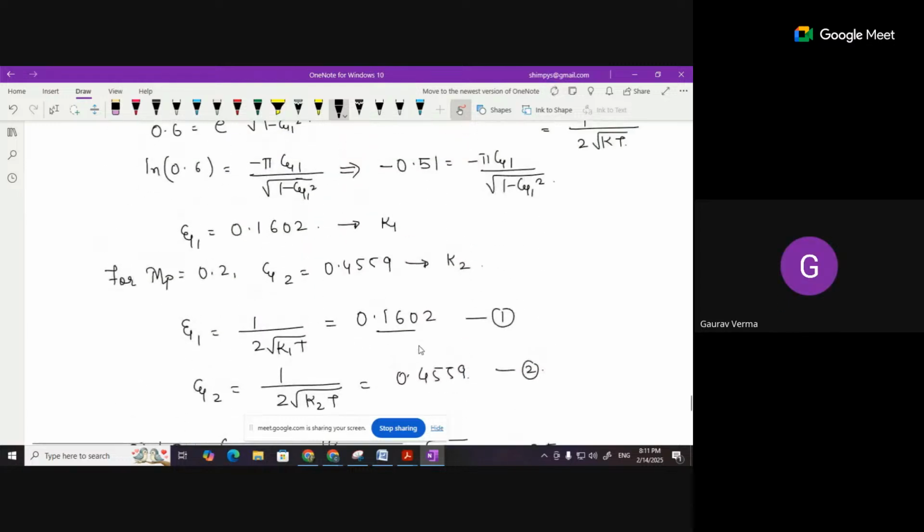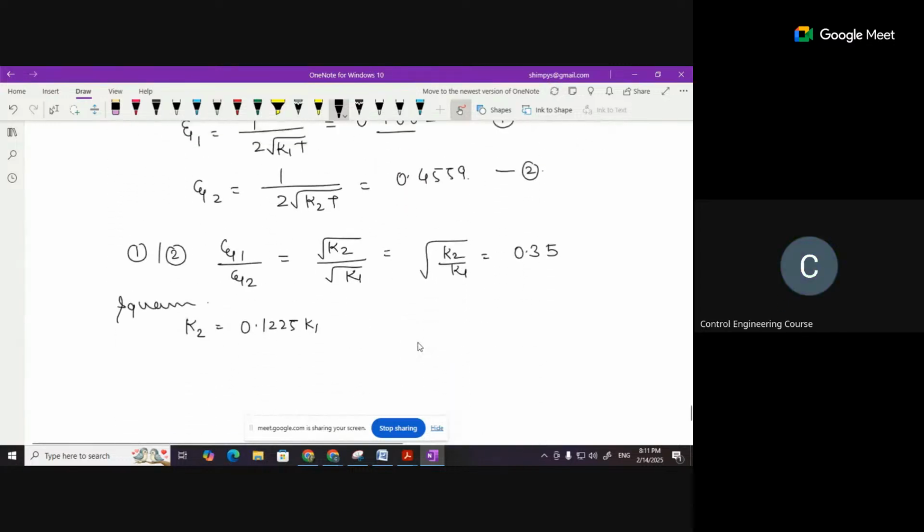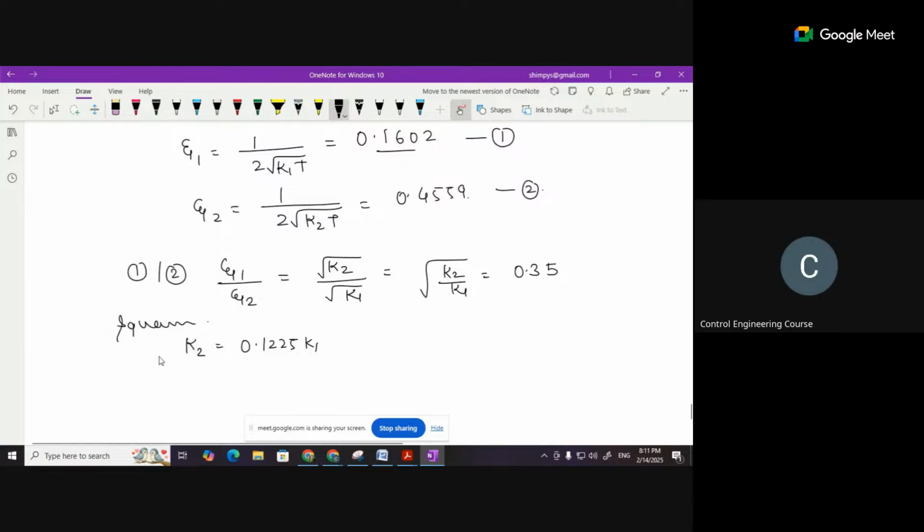Okay, so now from equation number 1, root over k1t, I'm just doing a shortcut, you elaborate it and check it. That is 1 by 2 zeta 1.